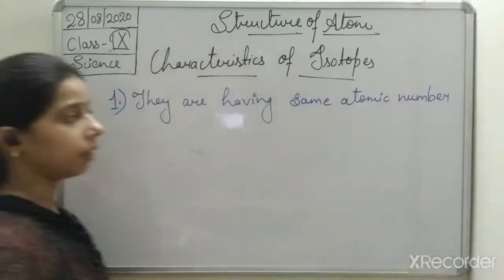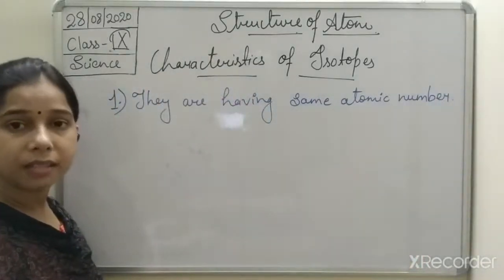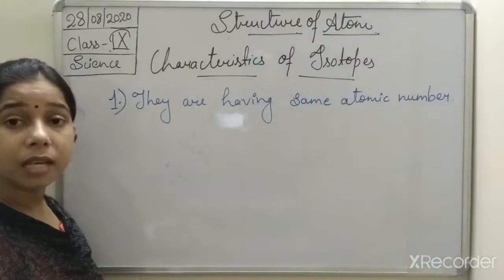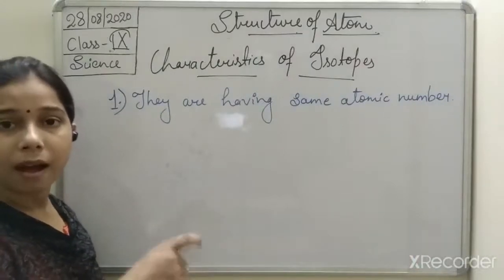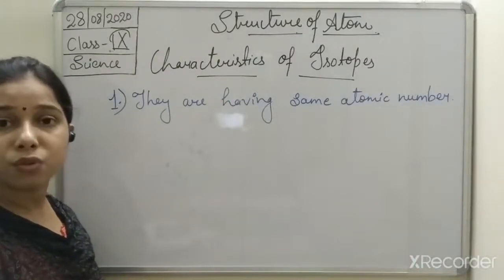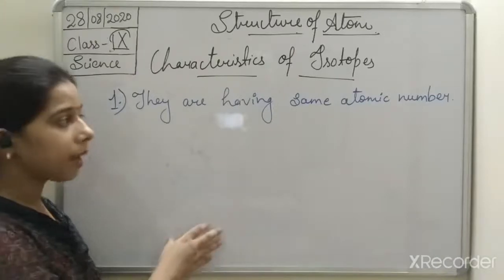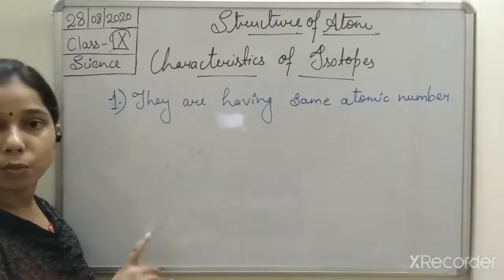What does that mean? If they all have the same atomic number, it means the number of protons as well as the number of extranuclear electrons present in the isotopes are the same.